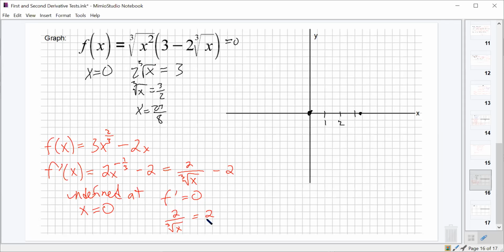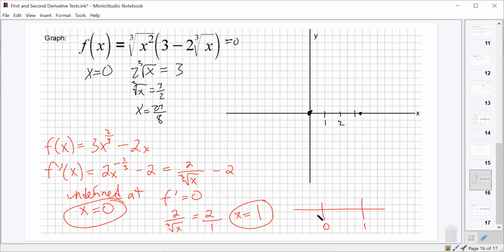Well, this is a 1, right? That would mean that the cube root of x equaled 1, which would mean that x equaled, well, what would x have to be? Yeah, it'd have to be 1. So we got two critical values, x equals 0 and x equals 1. We'll make ourselves a sign chart with 0 and 1.